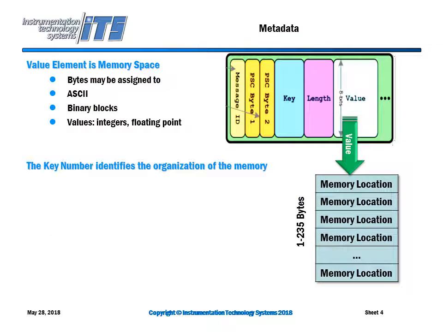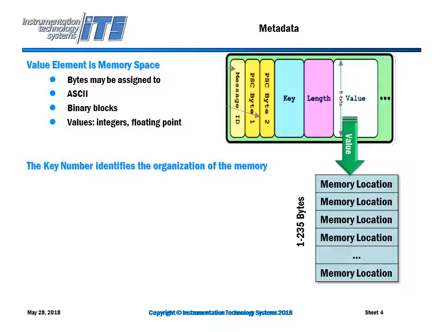And that's the key to the KLV metadata packet. It can be any data in the value space. We can have bytes that are assigned to ASCII, binary blocks, values such as integers, floating point, and so on. And the value can be treated as memory space.